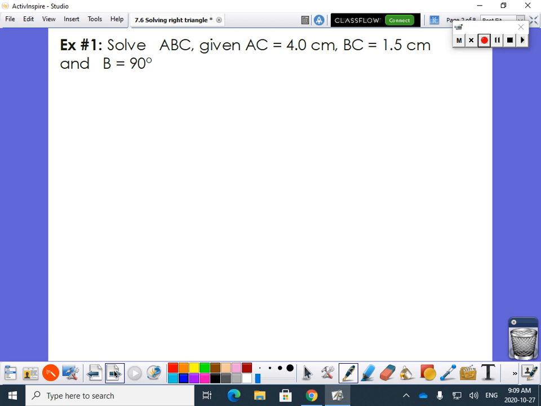Given AC, so that's a line segment, AC is 4 centimeters. BC is 1.5 centimeters. And angle B, can you guys add that in? Should say angle B is 90 degrees.